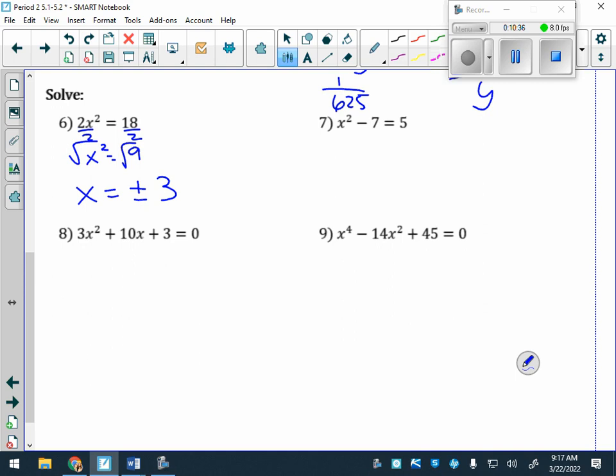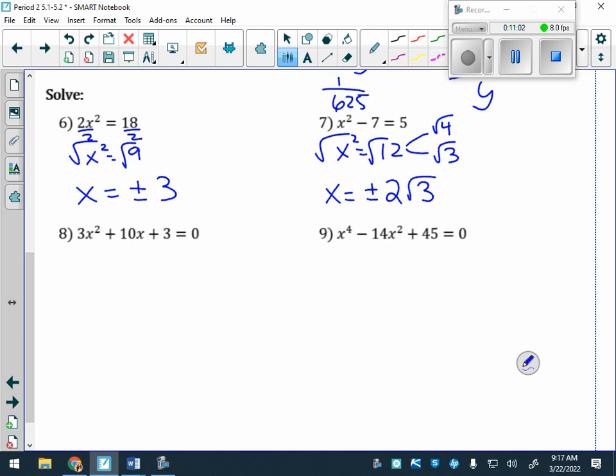Number 7, Zoe. Okay. So when you're here and you take the square root, you have plus or minus. Can the square root of 12 be simplified? Yep. 2 root 3. Because you have the square root of 4 times the square root of 3.